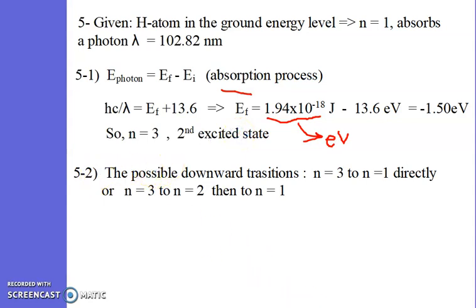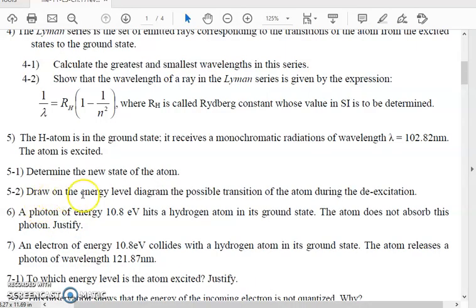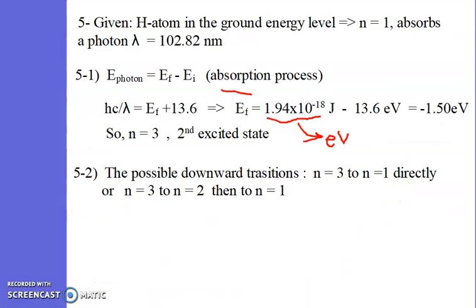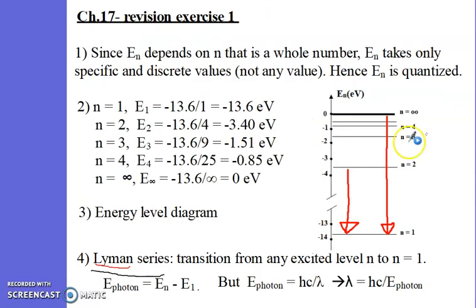Now 5.2, draw on the energy level diagram the possible transition of the atom during the excitation. Now the atom is excited here to this level. Let me draw it by blue. The atom is excited to this level. Now what are the possible de-excitations?